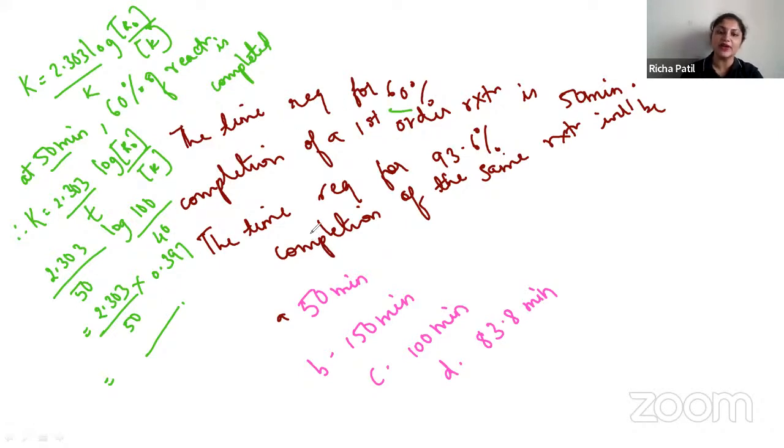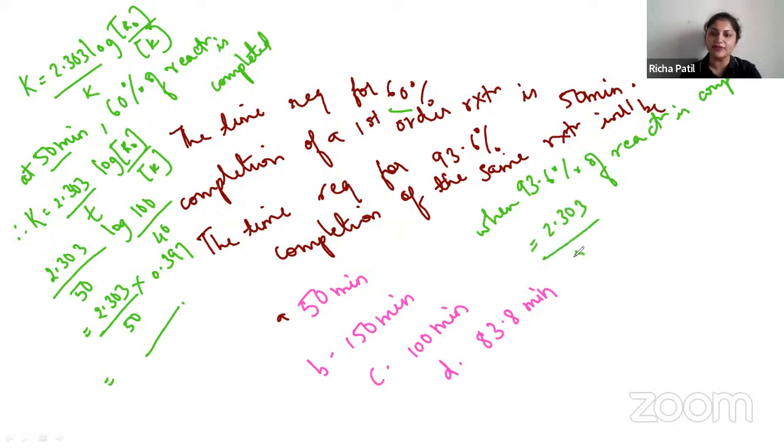Now they have asked the time required for 93.6% of reaction completion. So 2.303 divided by 50 into 0.397 equals 2.303 by t log of 100 divided by 100 minus 93.6, which is 6.4.